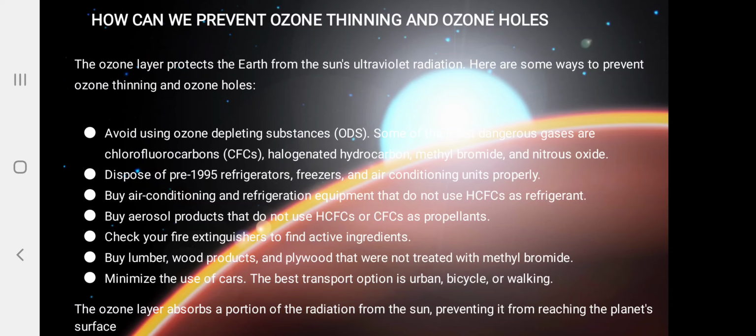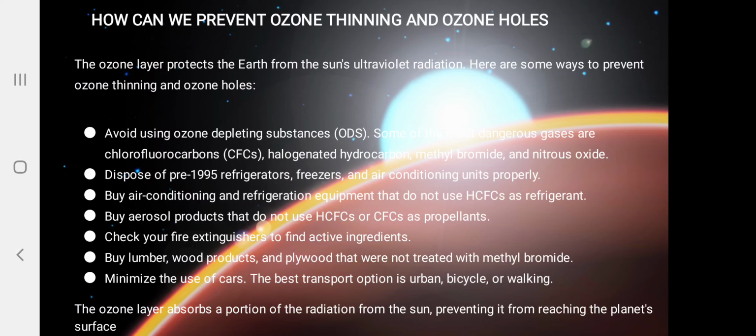The products made after 1995, you may use them. Buy air conditioners and refrigeration equipment that do not use HCFCs as a refrigerant. Check your fire extinguishers to find active ingredients in them. Buy lumber, wood products and plywood that are not treated with methyl bromide.